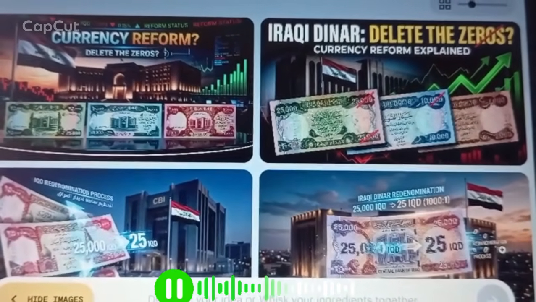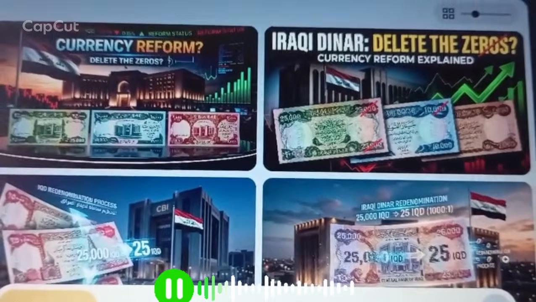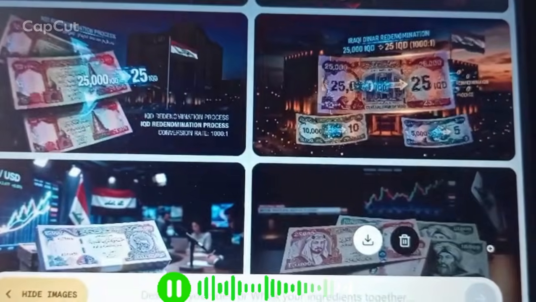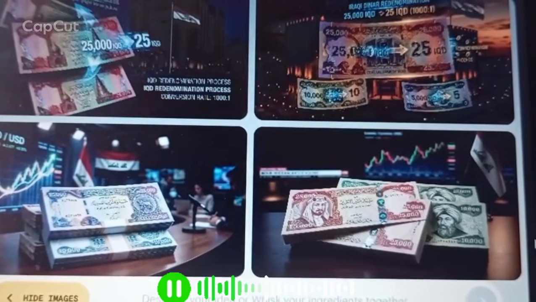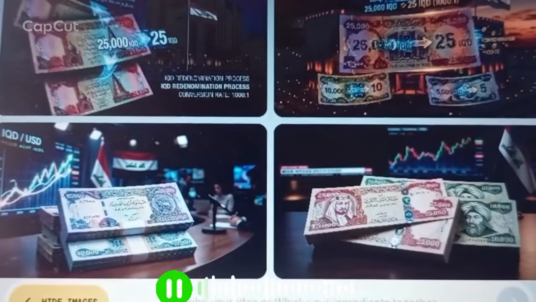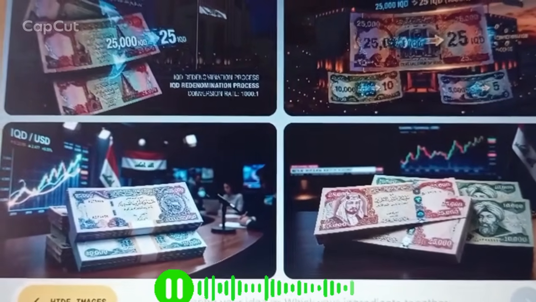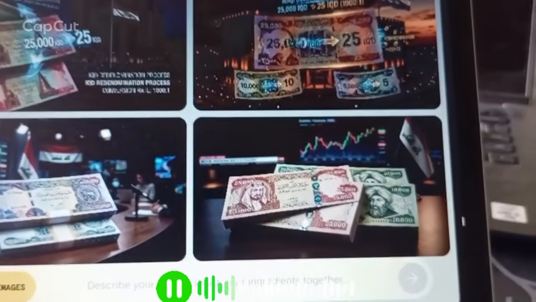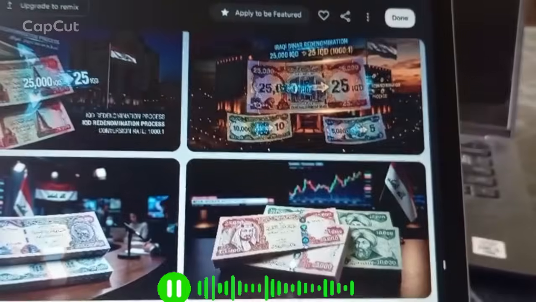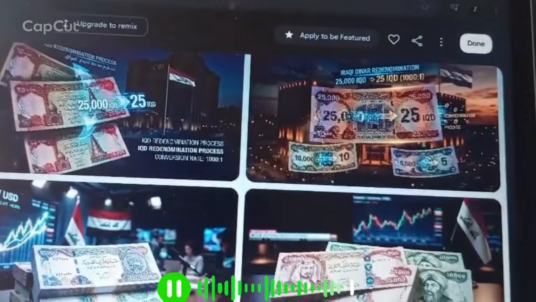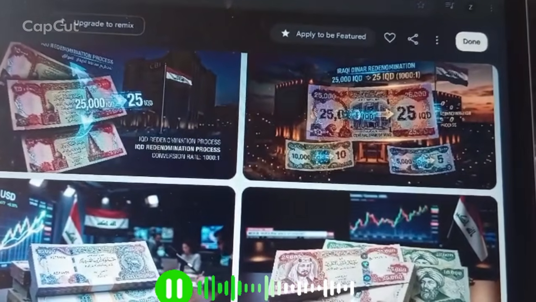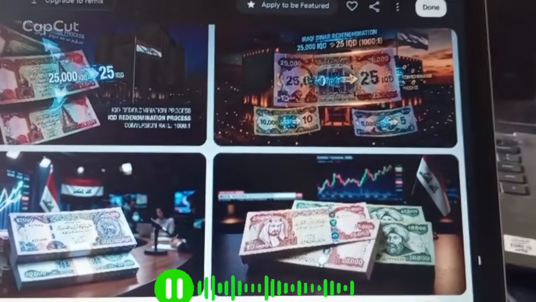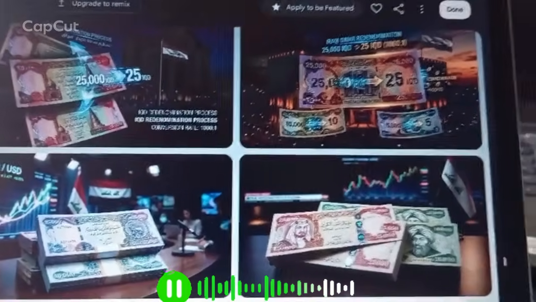The legal question mentioned in the report is also significant. If Iraq's prime minister is seeking an exact interpretation of whether such a reform could be implemented without parliamentary approval, the important issue is not merely the wording of the currency proposal. It is the broader legal framework governing monetary policy, the authority of the central bank, the powers of the executive branch, and the role of parliament in approving laws that affect the national currency.